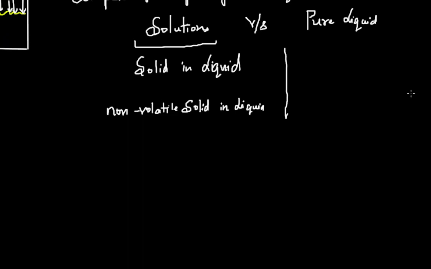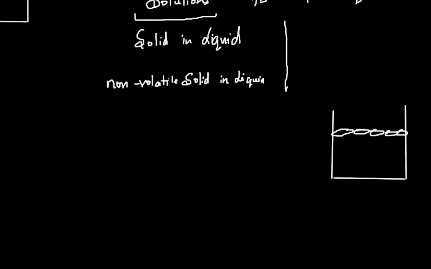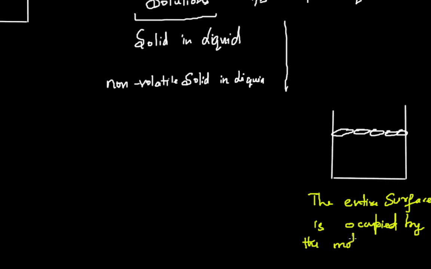Now in a pure liquid, what happens is, I have to draw the entire surface is occupied by the molecules of the liquid in a pure liquid, right? Molecules of solvent, okay, which happens to be a pure liquid.